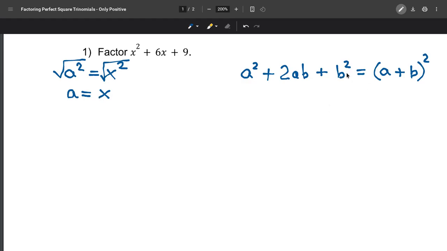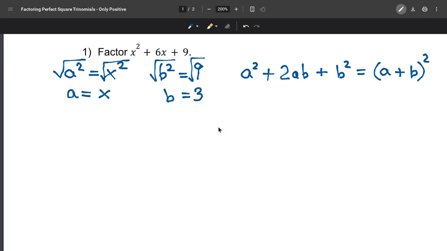Okay, so now what's our b squared? Well, our b squared is going to be the last term. So b squared is going to be 9. So if we take the square root of both sides, we get b is 3.